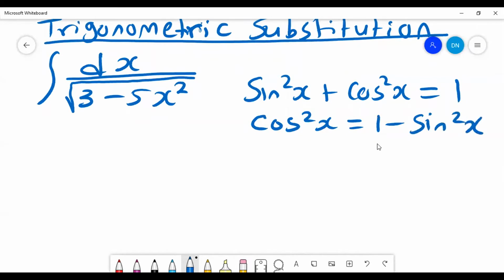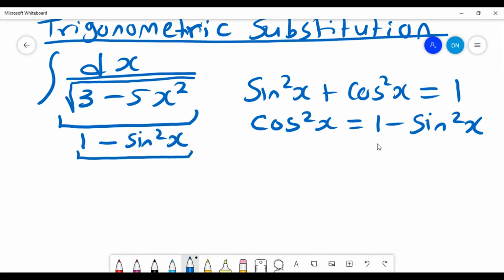So in a nutshell, because this is a square root, I want inside this square root to be left with 1 minus sine squared x, because I know that 1 minus sine squared x will give me cos squared x.